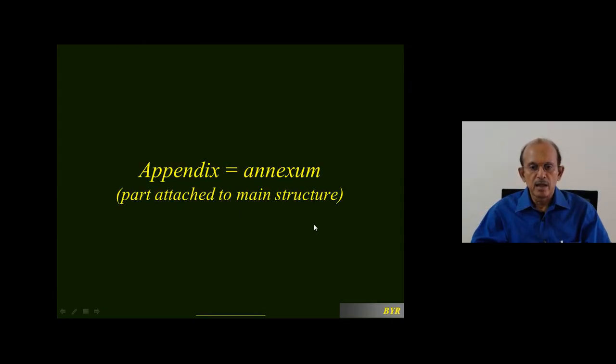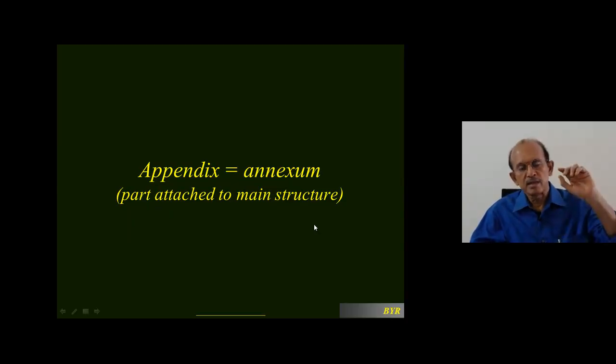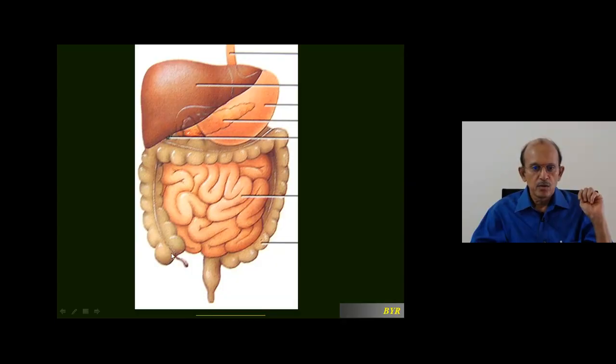Appendix literally means annexum, a part attached to the main structure. The main structure is the alimentary tract, and something is attached to it. So there is an annex to the colon. This is the whole colon and this is the annex. That is why it's called the annexum or appendix.